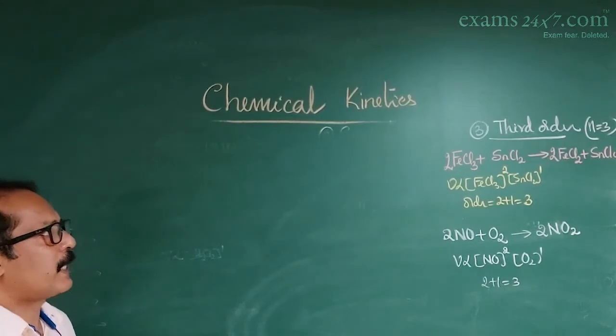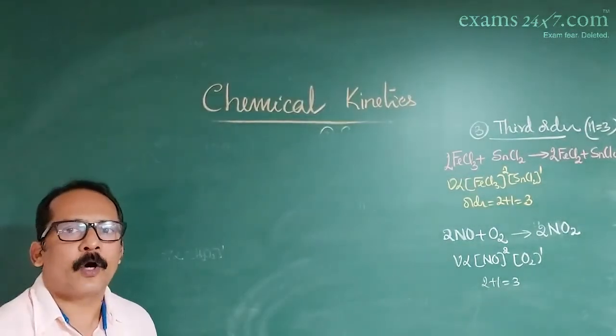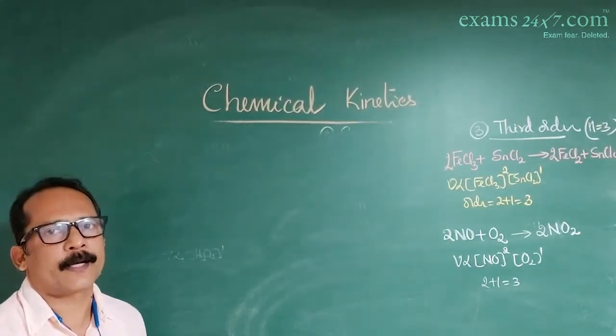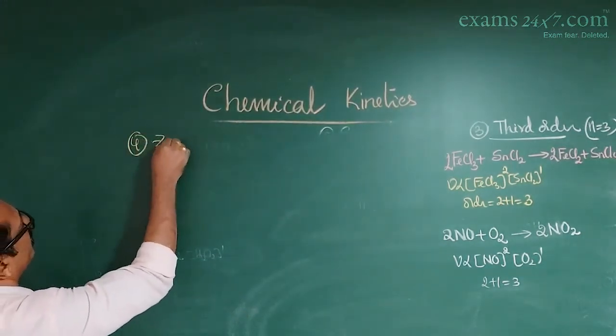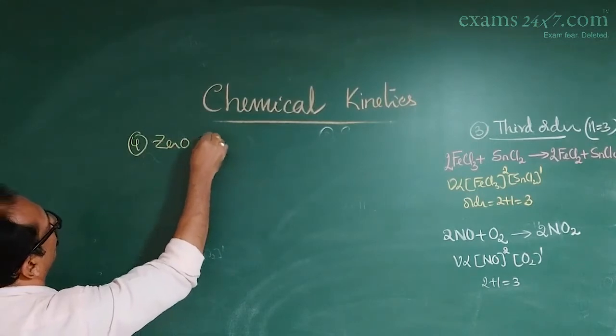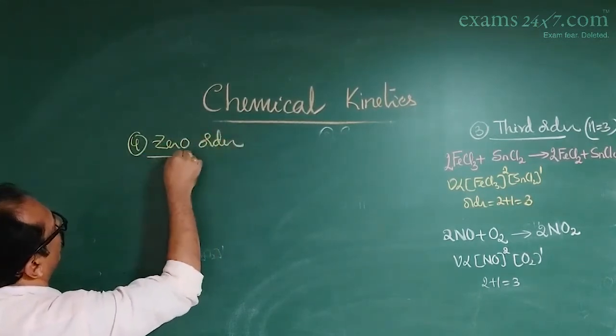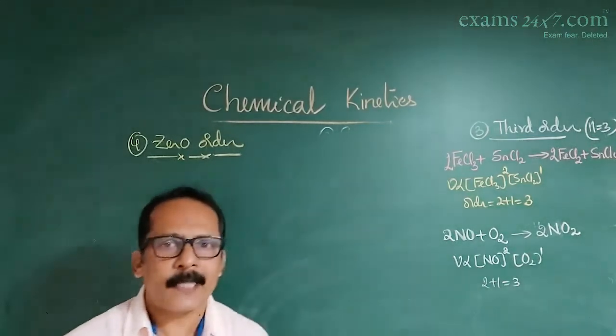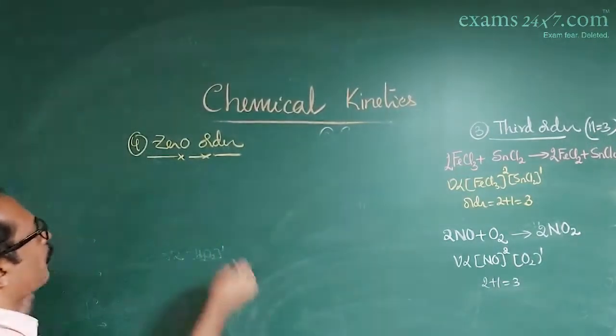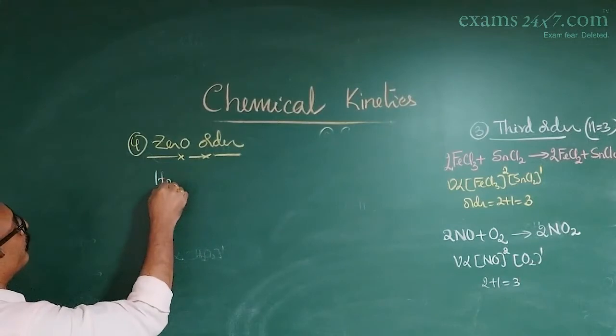One more type of reaction is called the zero order reaction. Here, the rate of the reaction is independent of the molar concentration of reactants. An example for zero order reaction: formation of HCl.